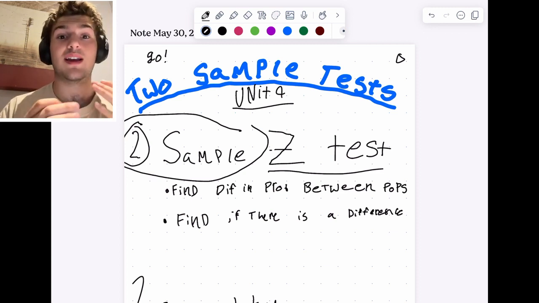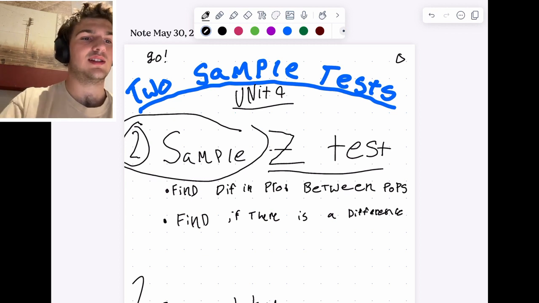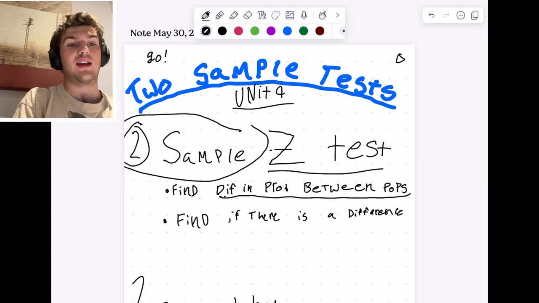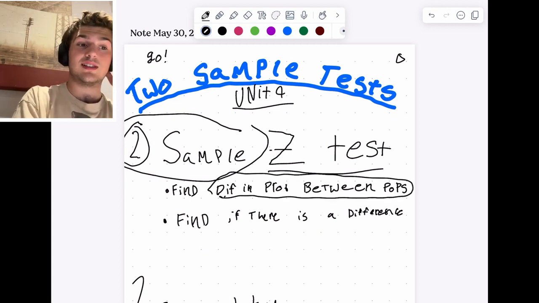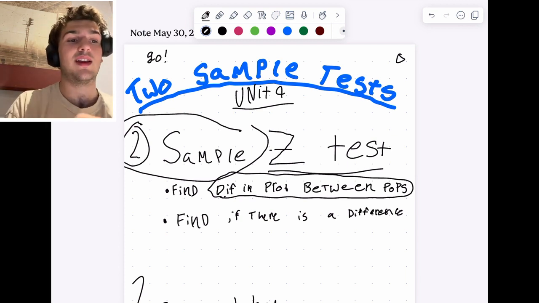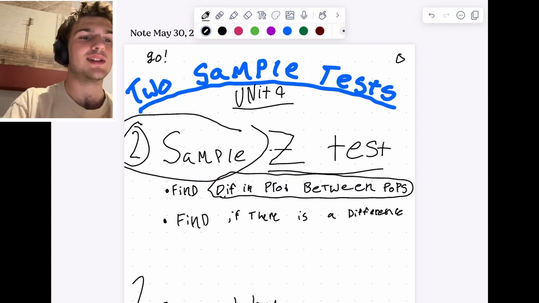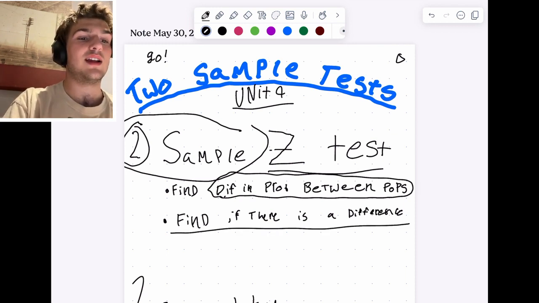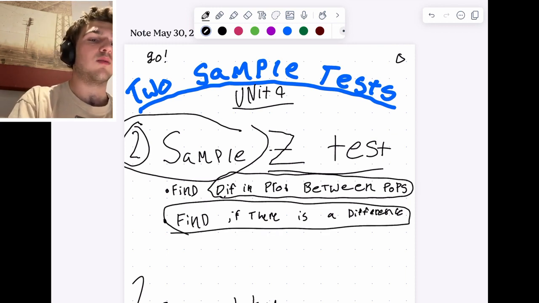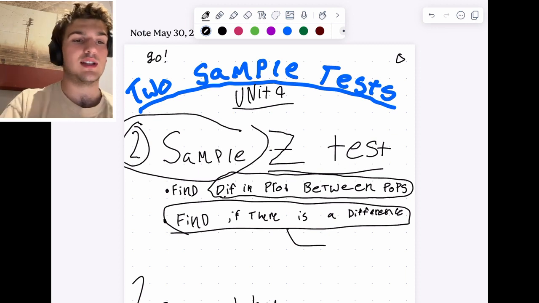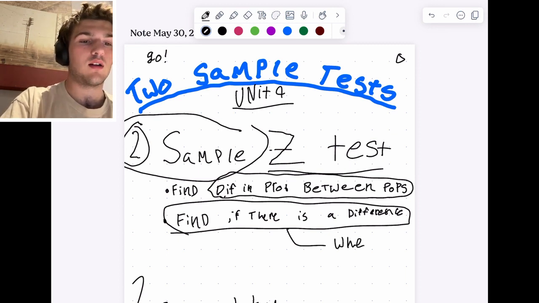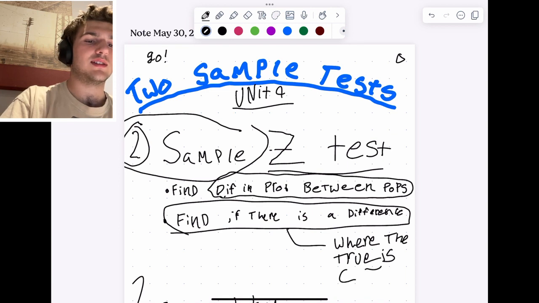And then with the confidence interval, so that first part, is there a difference? Is this difference statistically significant? That's our difference in probability between populations. But finding if there is a difference and where the true difference is, that's where we get our confidence interval.